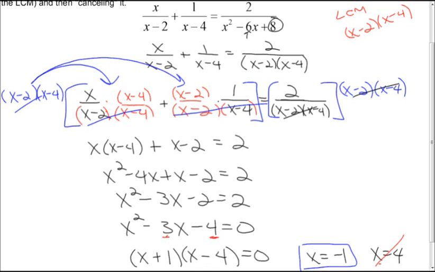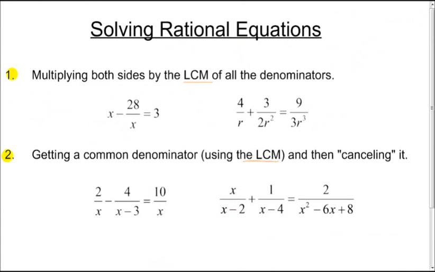If you notice these two techniques used together, I'll go back to the first slide. Okay? There's places where just multiplying by the LCM on both sides is sufficient. If you notice, there are usually places where the denominators aren't so complex. Okay? And if you're wondering where's a good time to get a common denominator, it's when the denominators become a little more complex.